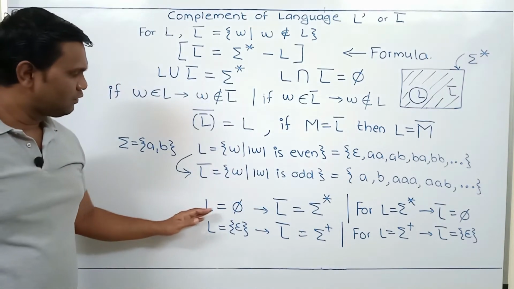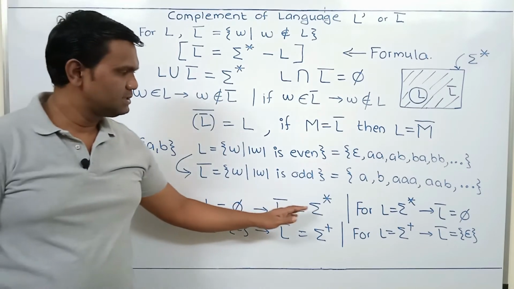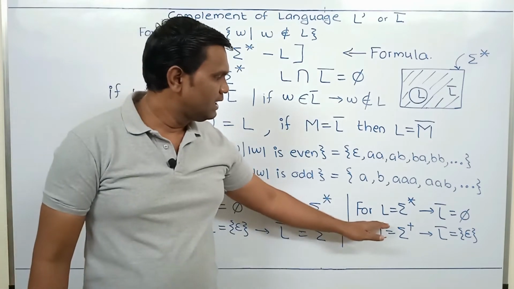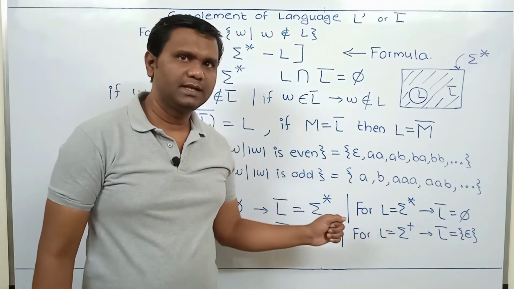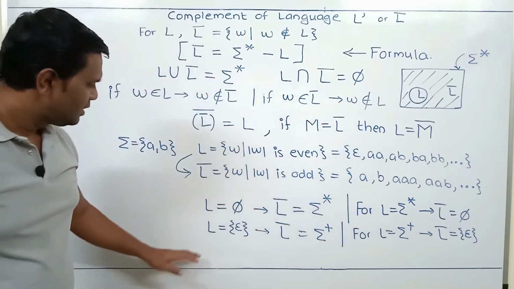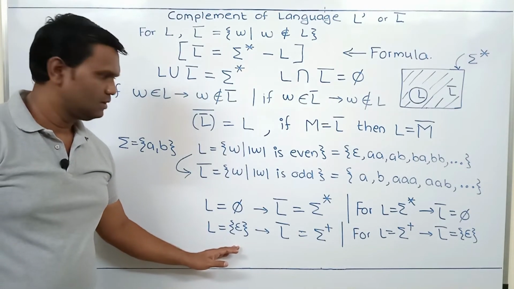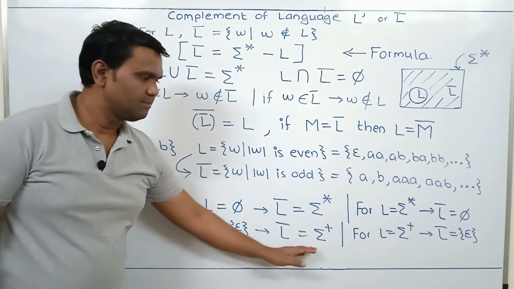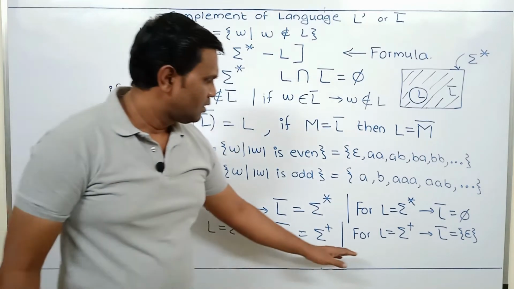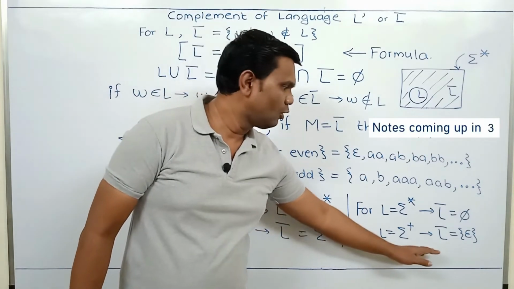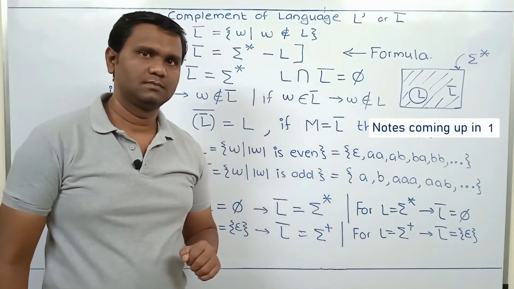For L equal to phi, L complement is sigma star, or the other way we can say that if L equal to sigma star, L complement is phi. For language L, which is the singleton set containing epsilon, L bar will be sigma plus, or the other way, for language L equal to sigma plus, L complement is epsilon.